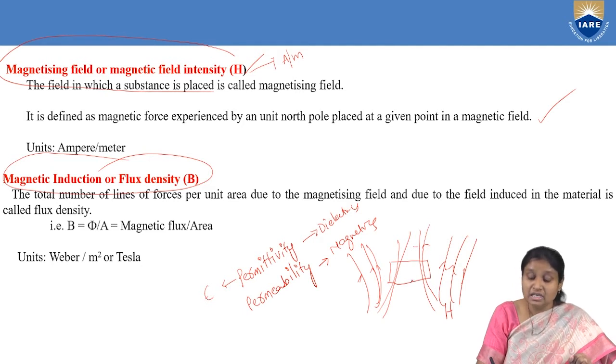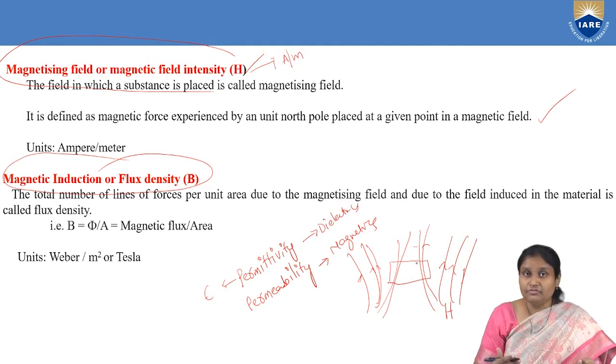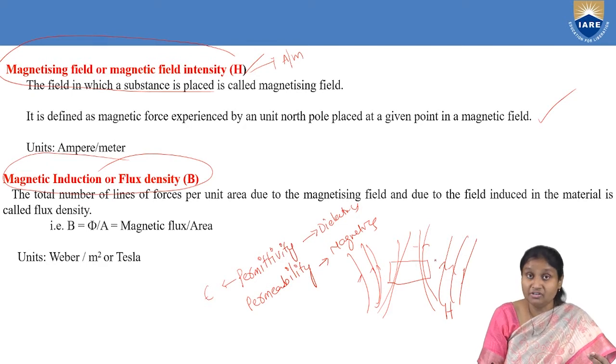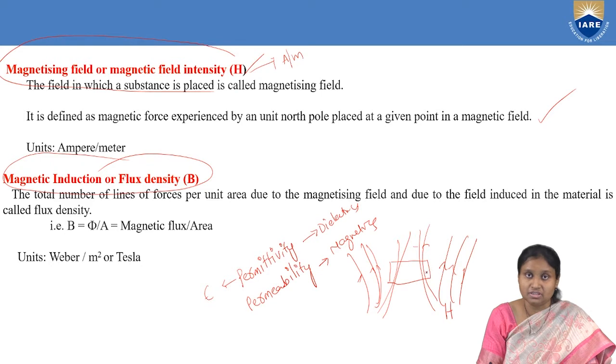Apart from this, the material itself will create its own magnetic lines of force by induction. The material creates its own lines of force because of the effect of the external magnetic field, and this effect is called the induction effect. So there are two contributions to the magnetic lines of force present inside the material.